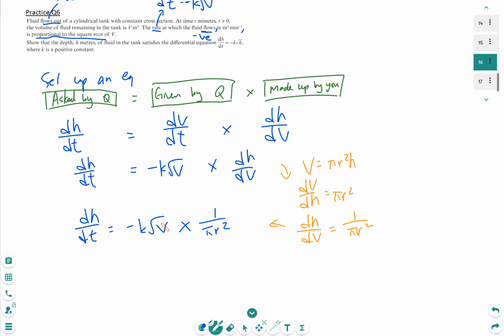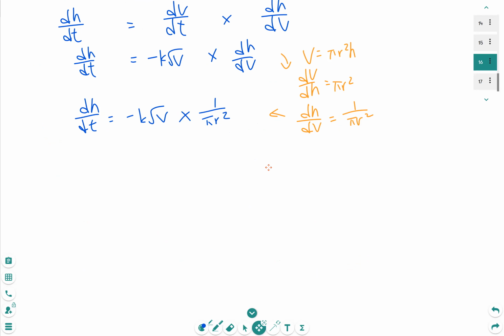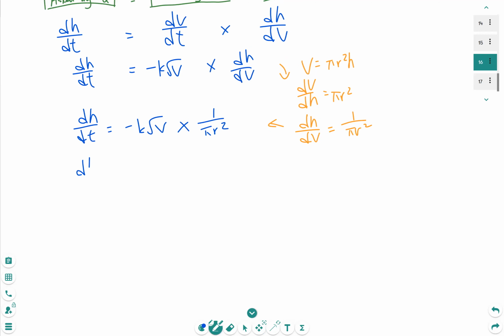So these two variables are not the same. That means we have to do something to this V in here. Well, the connection between V and H is that V equals pi r squared H. So we can sub it in. So dH over dt equals negative k times pi r squared H times 1 over pi r squared.